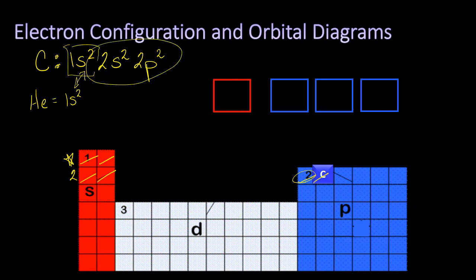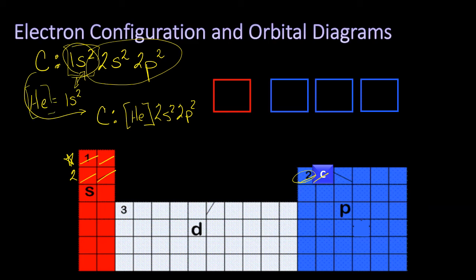In fact, I could do a shorthand for carbon, but it's not really that short. I could say carbon is just like helium and 2s2, 2p2. I've simply replaced the 1s2 with helium, a substitution, if you will.